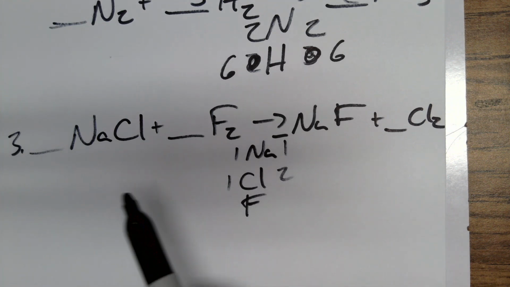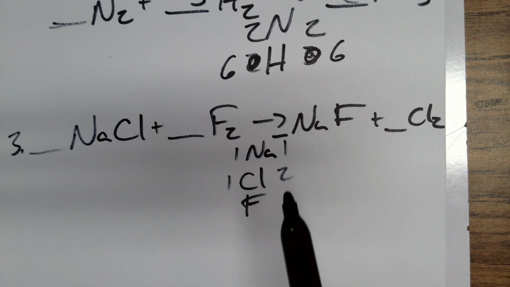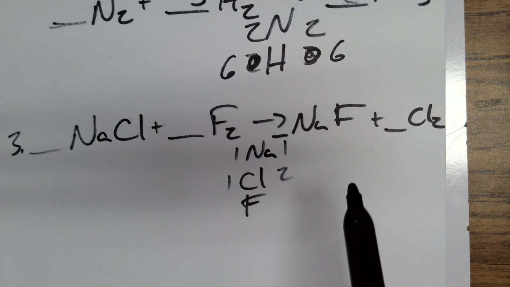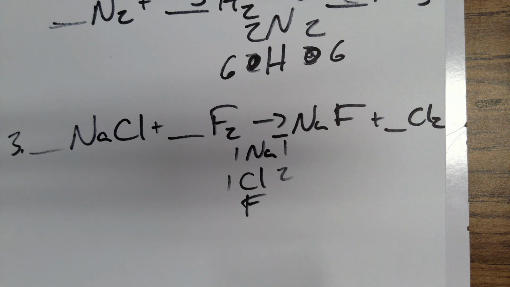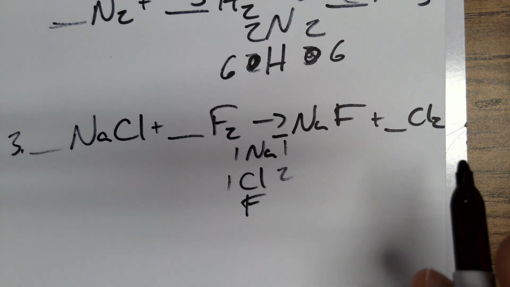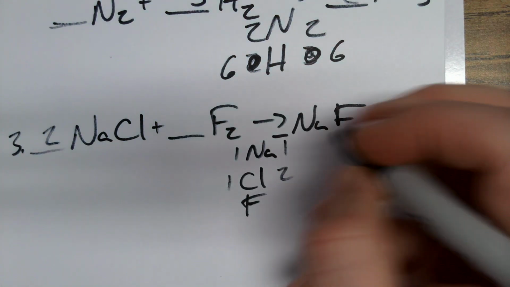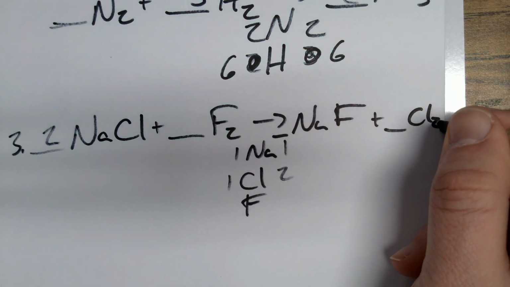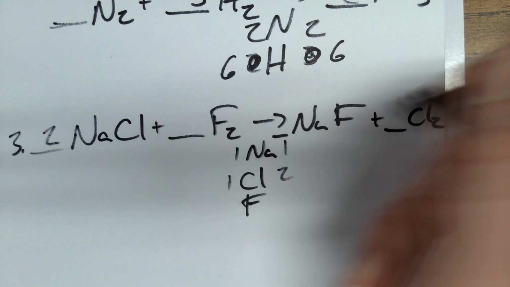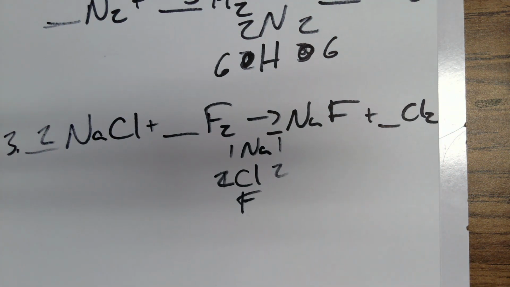What can I do on my reactant side to match it up to my product side? What coefficient should I use? Use a 2, right? Well, it has 2 over here, right? So I have 2 right here. Now I have 2 times 1 equals 2. Now they're balanced with each other.